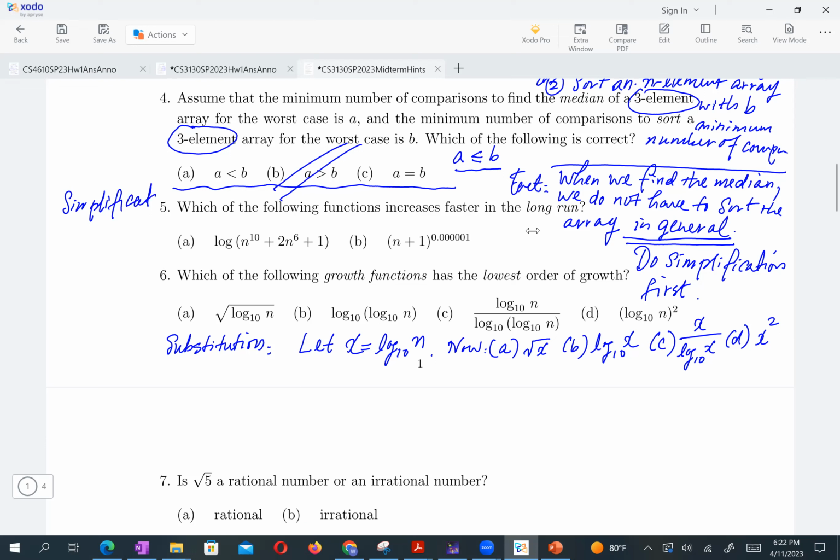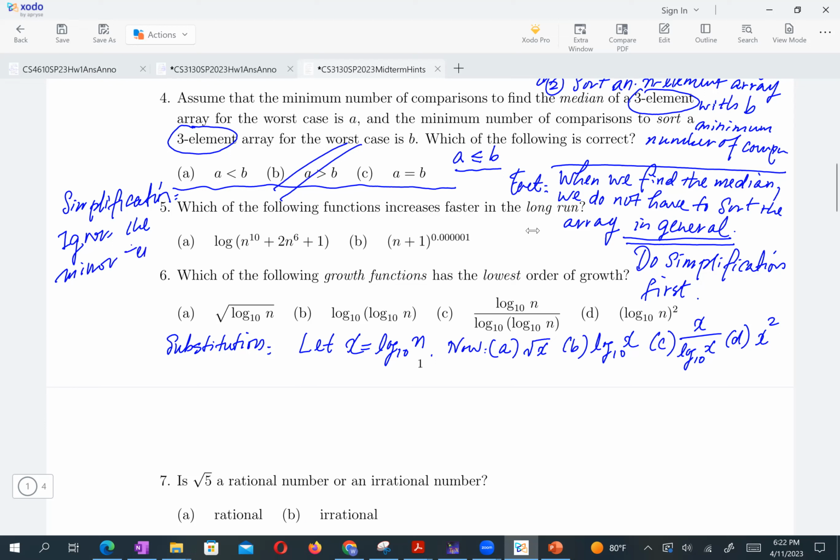Simplification. Ignore minor terms. Only keep the leading terms.